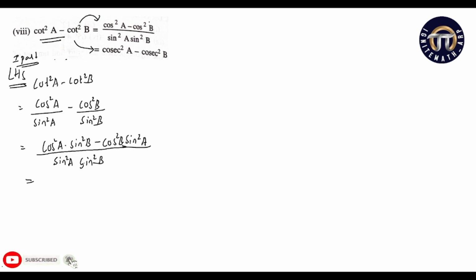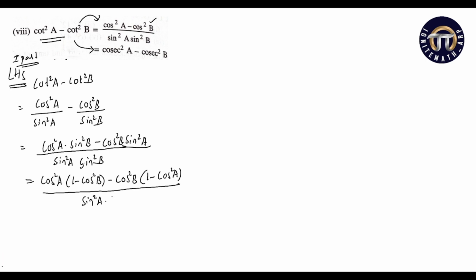So if you observe carefully, everything is in terms of cos square. So I will express each and every term of sin square as cos square in the numerator. So cos square A into 1 minus cos square B, minus cos square B into 1 minus cos square A, divided by sin square A into sin square B.